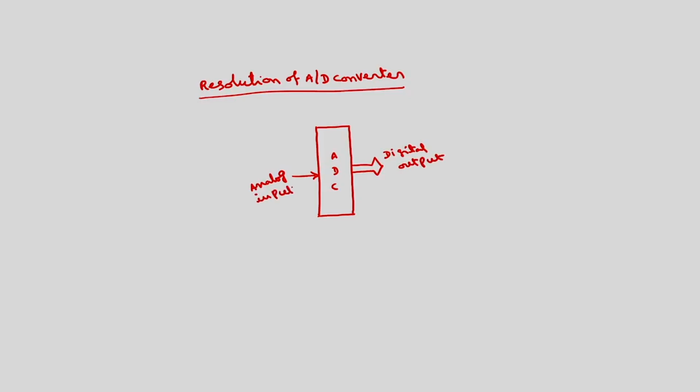If I take a unipolar A to D converter, in the case of unipolar, this analog value VA, and I assume an 8-bit digital output, analog input.